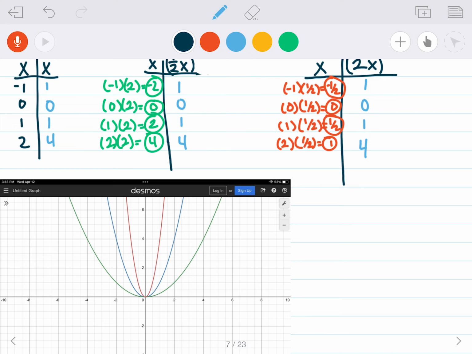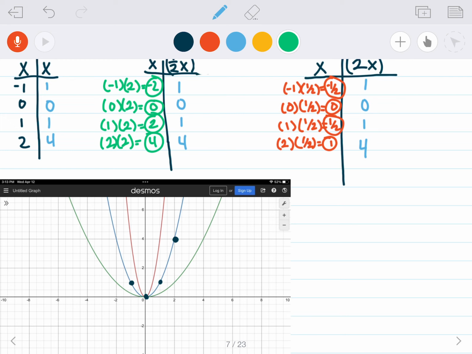Let's do that. -1, 1, 0, 0, 1, 1, 2, 4. And then let's take a look at our new x values for 1/2 x squared. So now we have -2, 1.